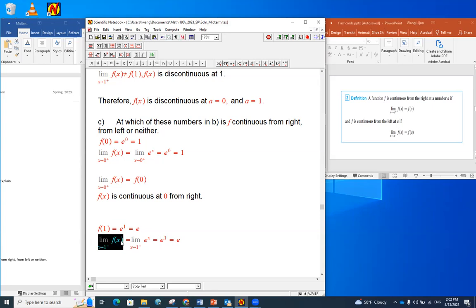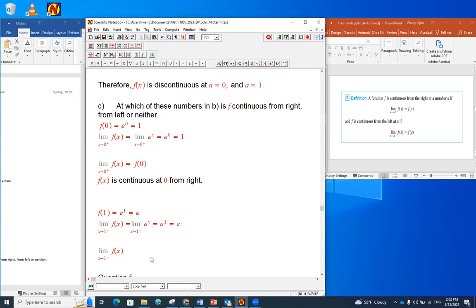So the limit of this function when we approach 1 from the left is the same as f of 1. We're really just quoting these definitions to draw the conclusion. Then you say f is continuous at 1 from the left.